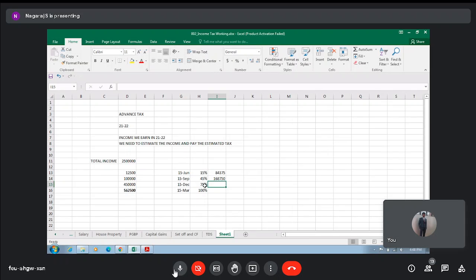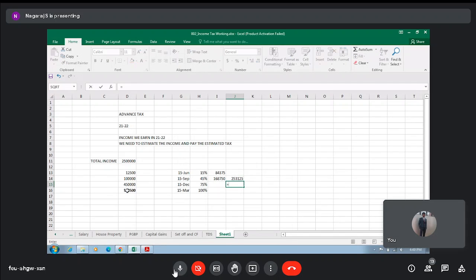Next, 75% means 75% minus 45%, since you have already paid 45%. If you calculate this, it will be 253,125. That is the total paid for 45%.